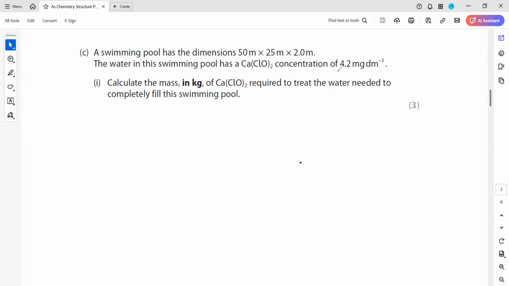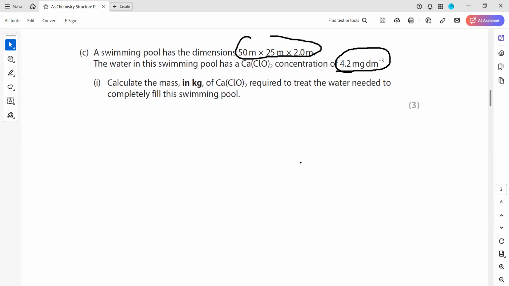Actually, what is this? It is the mass in a unit volume, like a density, given as 4.2 milligram per dm cube. It's the mass in a unit volume, or density. And this is the total volume of the swimming pool, which is the volume we need.